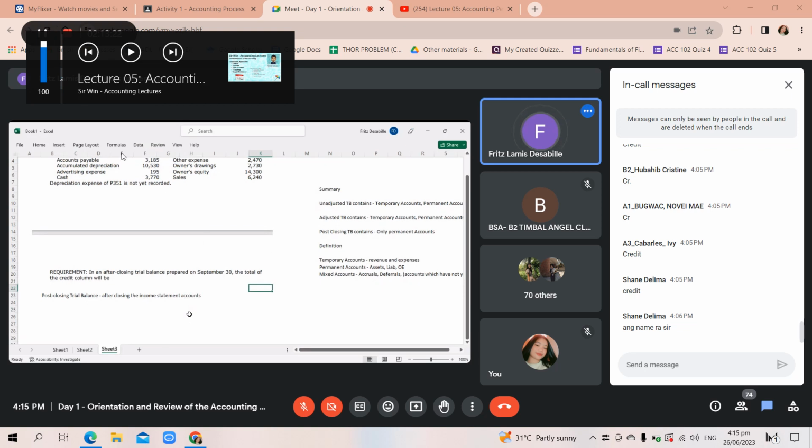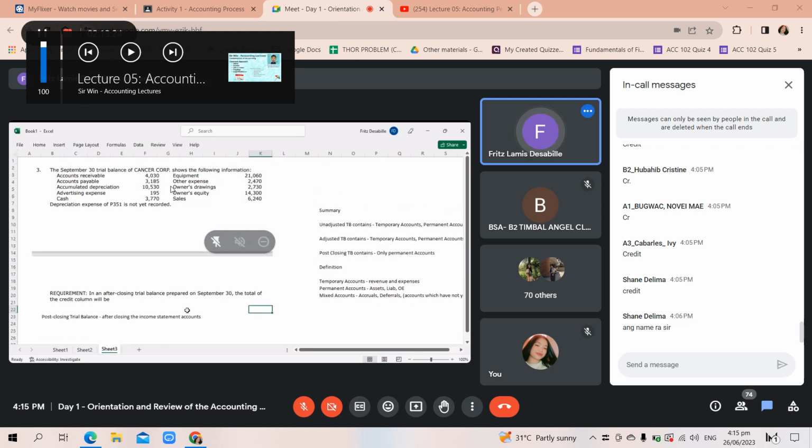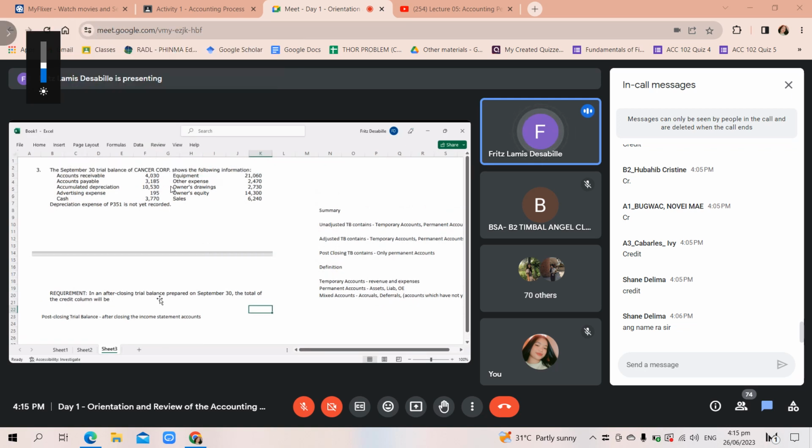Okay. So again guys, we are now making the post-closing trial balance. We recorded the adjustments for depreciation. And after we do the adjustments, we close the temporary accounts to equity or to income summary.